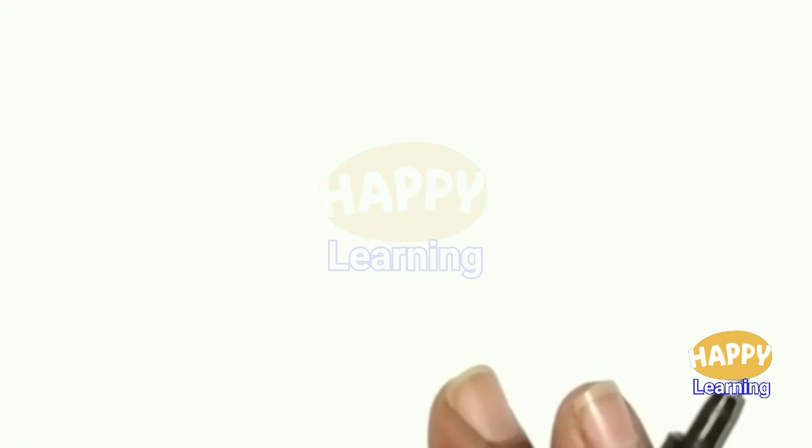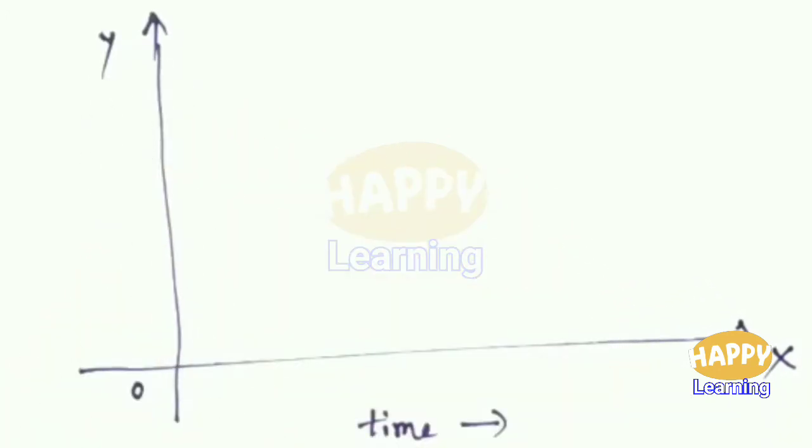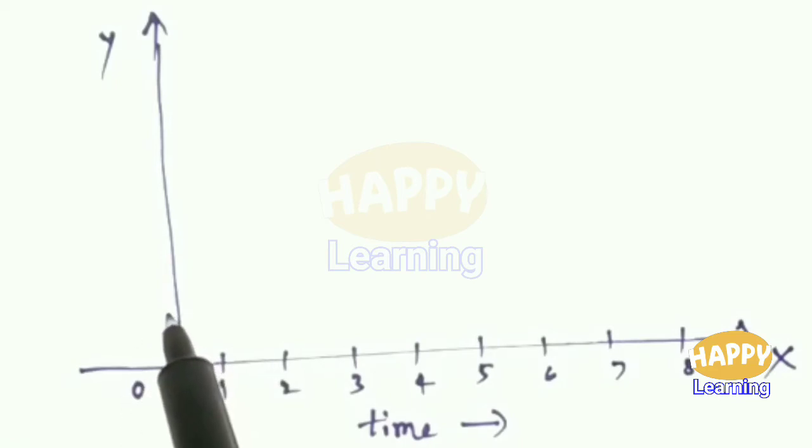In such a case, we draw a graph taking time t on the x-axis, origin, and this is the y-axis. Divide the x-axis; here I am taking 1, 2, 3, 4, 5, 6 and so on seconds, and distance covered is taken on the y-axis.